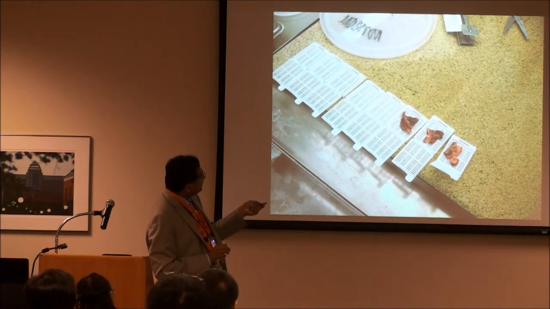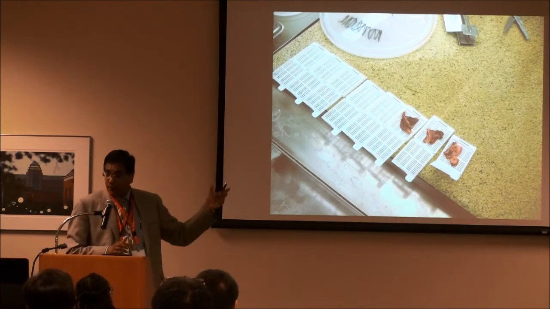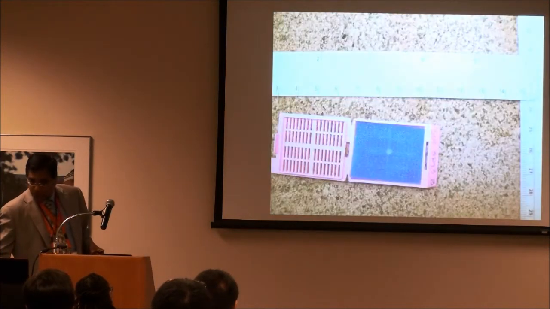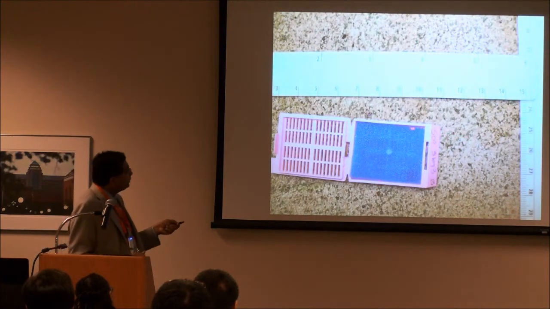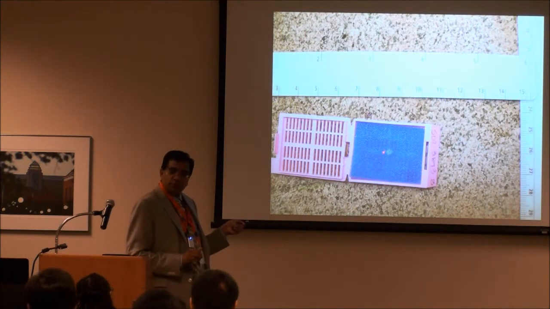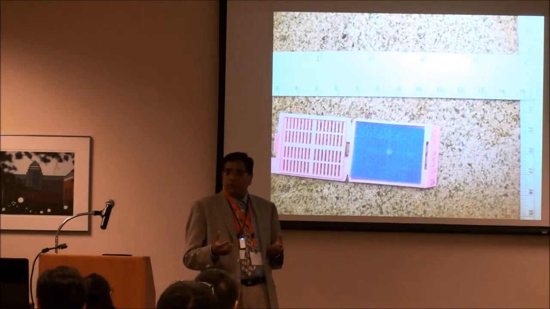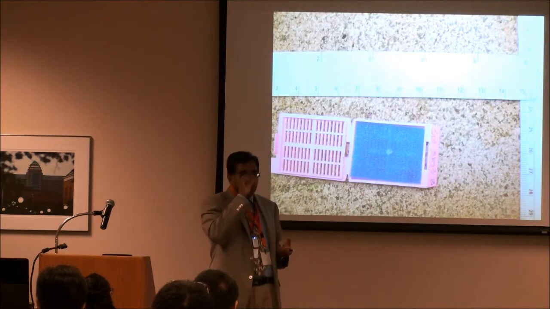After it's put into these cassettes, some of them are big specimens like this, right? Some of them are very small. This is one cassette, and you see this tissue here? It's a very small tissue. So somebody undergoes a colonoscopy, and the doctor endoscopically sees a little polyp.